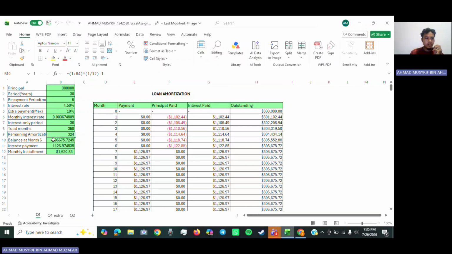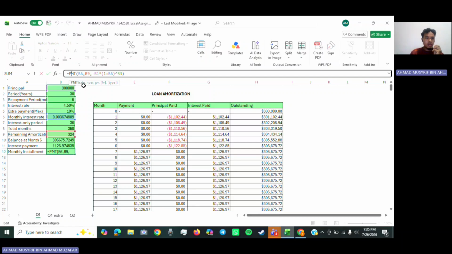To find the balance at month 6, we multiply the principal with (1 plus J) to the power of 6. So we get the balance at month 6. For the interest payment, we multiply J with the balance at month 6. And for the monthly installment, we use the formula PMT.